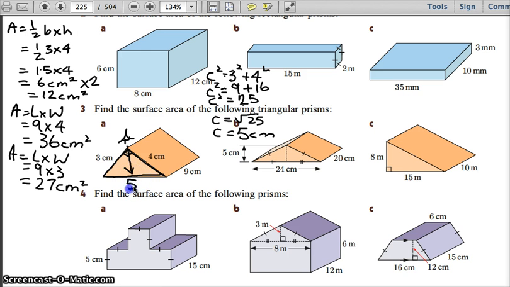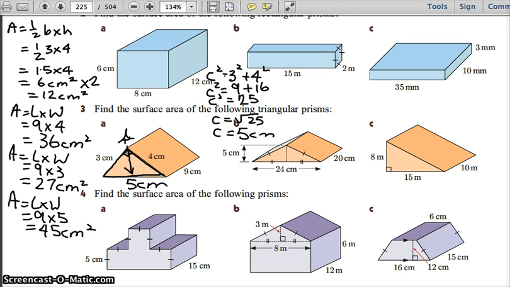It's 5 centimetres. So now we've got this length, we can go ahead with the base. The base being 9 by 5, area equals length times width. 9 fives are 45 centimetres squared.